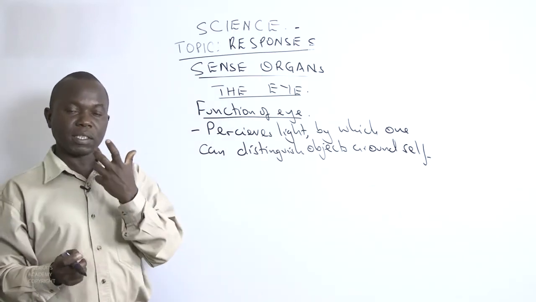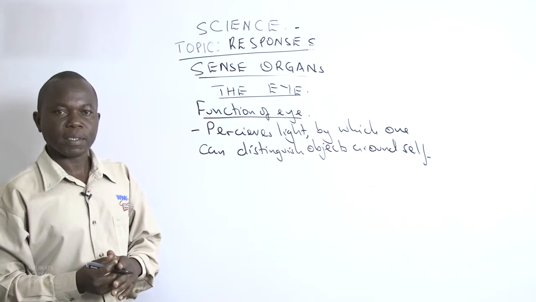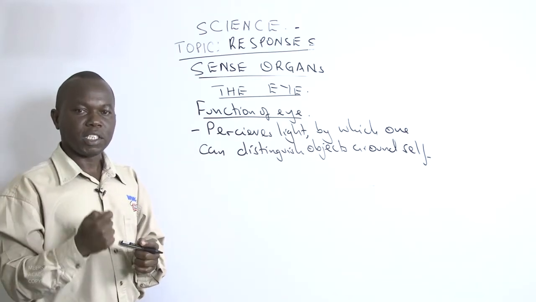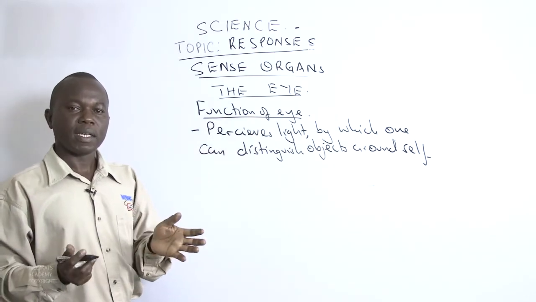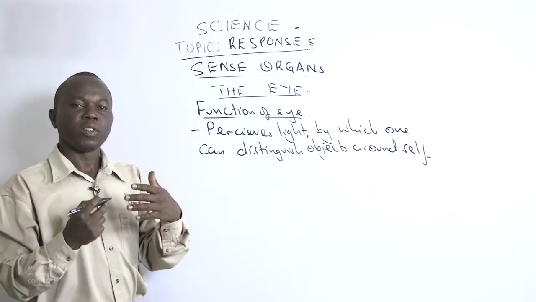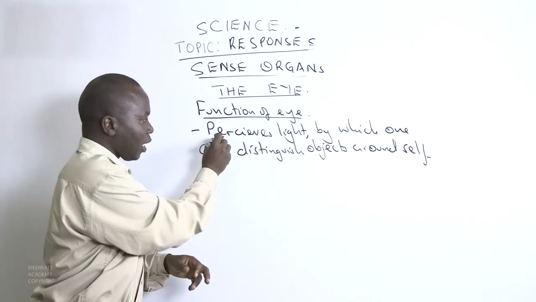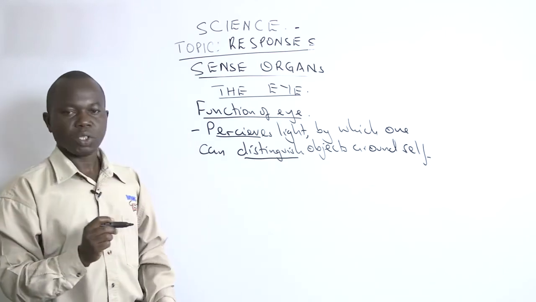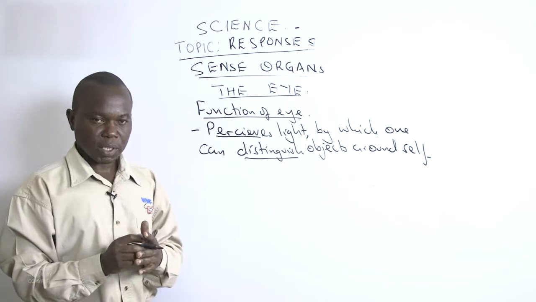So it is the light that will get into your eye. We are going to find out how this happens. The light gets into your eye and then an image is formed on some parts of the eye as a real image that is interpreted into a normal object. So it perceives light, and in the process it enables you to distinguish objects around you or around someone.